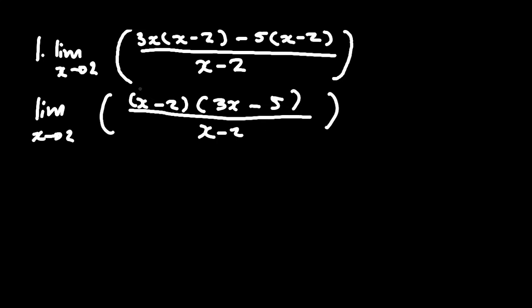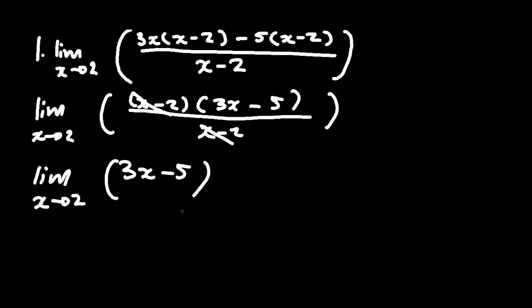So now you see this x minus 2 will cancel out, and I will be left with the limit as x approaches 2 of 3x minus 5 only. So I can then perform a direct substitution by substituting 2 in place of x.